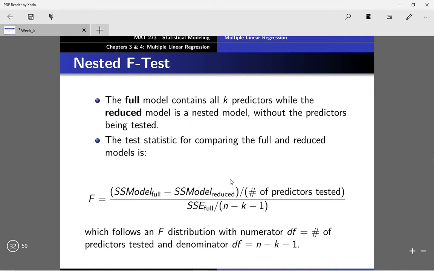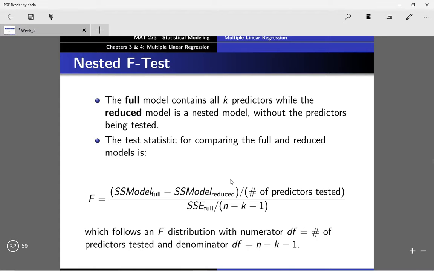The larger model, the model with more predictors that we're considering, is called the full model. And so this has all k predictors that we're considering, while the reduced or smaller model that we're considering trimming down to is called the nested model, because it's nested within the full model. So this just excludes the predictors that we're considering removing.